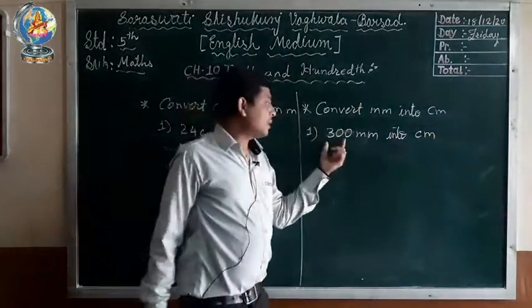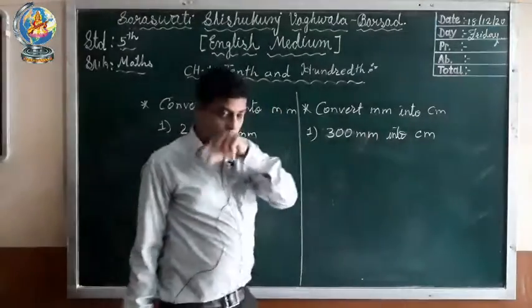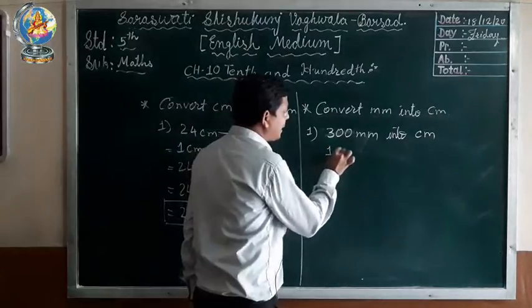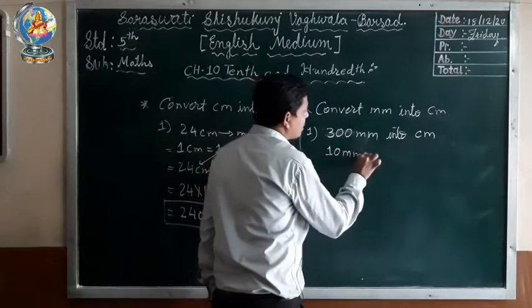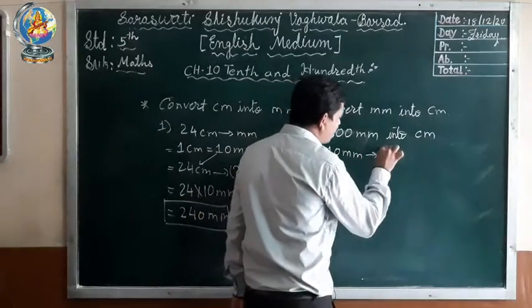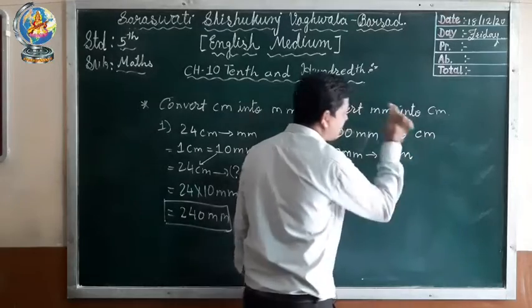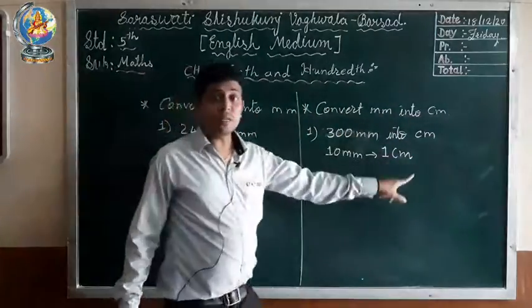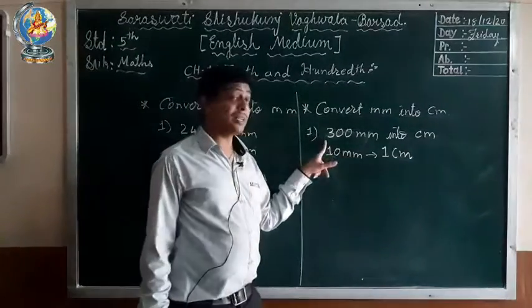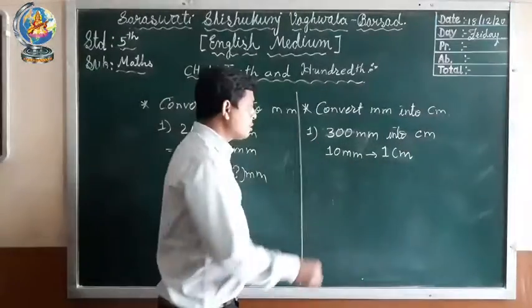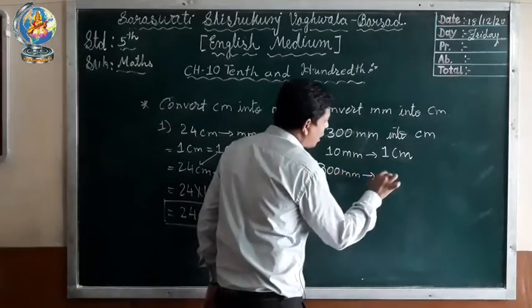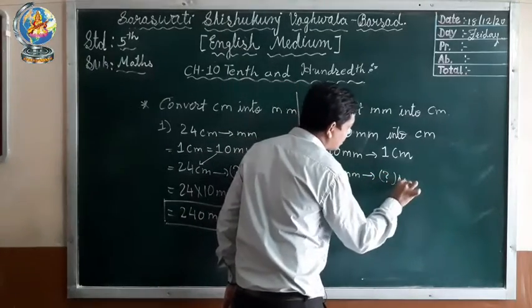So the formula is 10 millimeter is equal to 1 centimeter. So 300 millimeter is equal to how many centimeters? For 300 millimeter, how many centimeters?